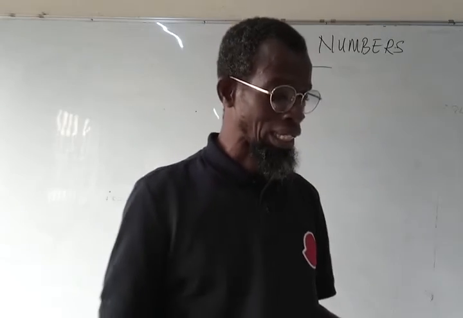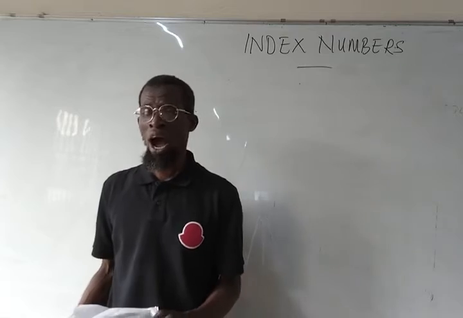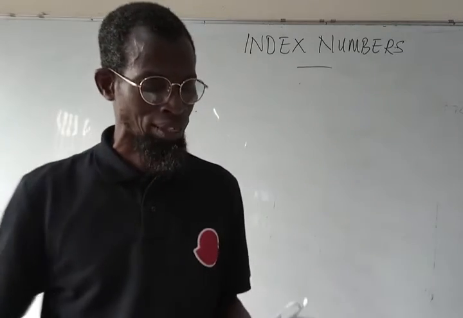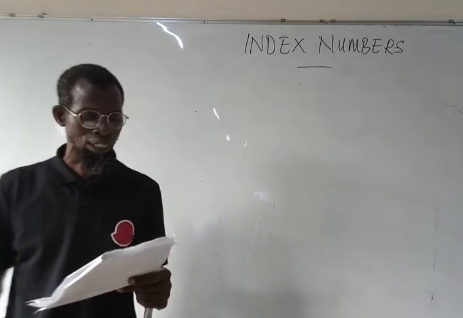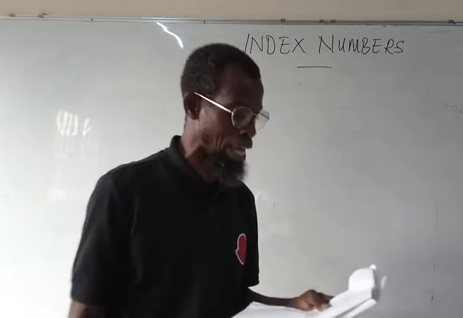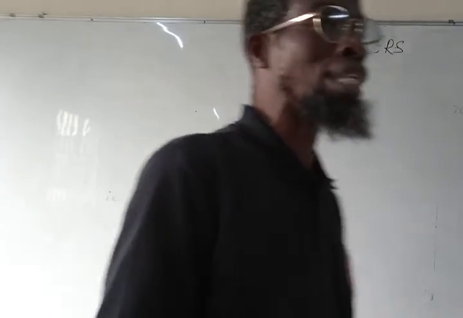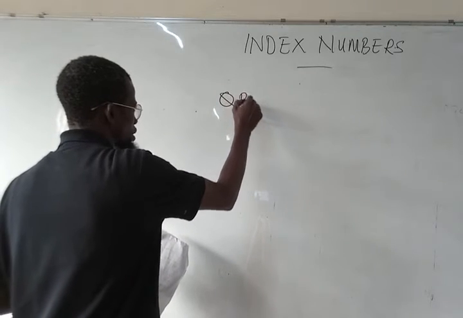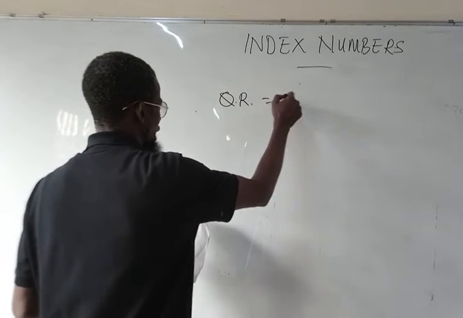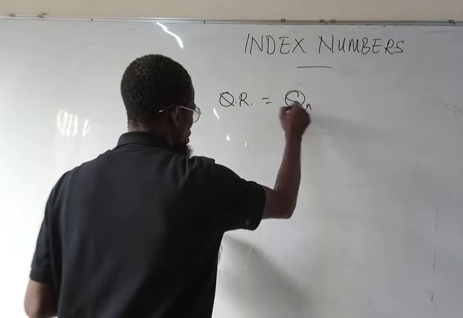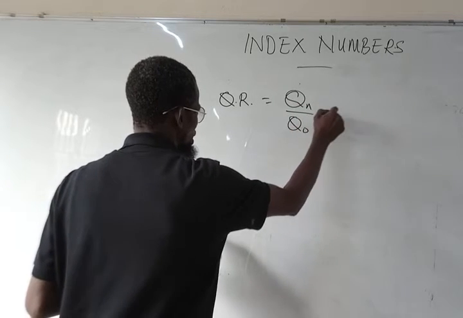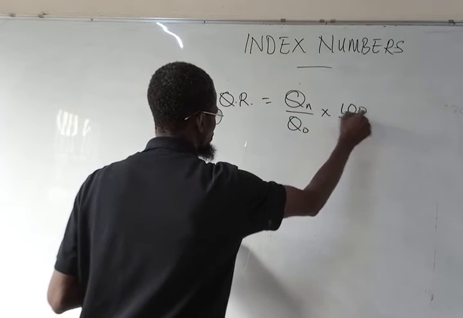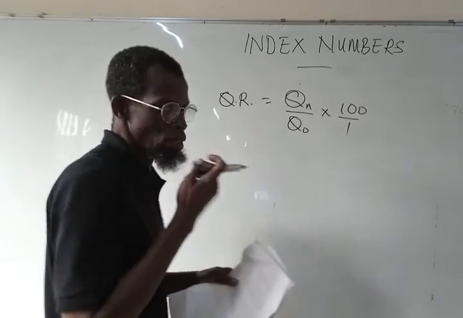So quantity relative has the same definition as the price relative. It is similar in manner, and is expressed as you put QR, the quantity relative, equals Qn over Q0 times 100 over 1. Yes, you put it like that.